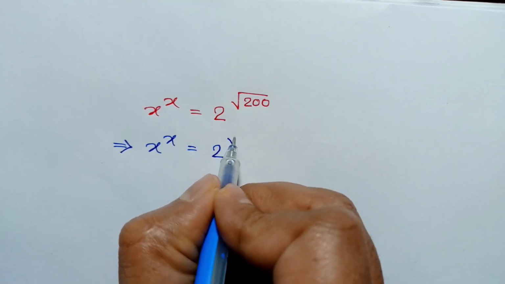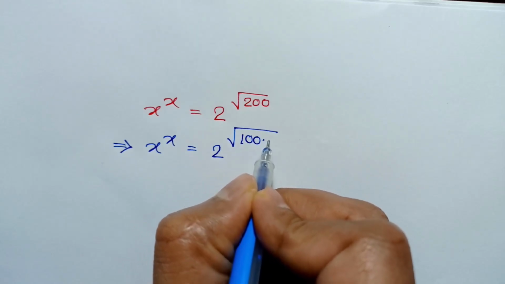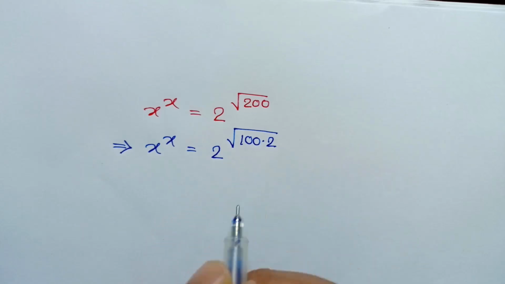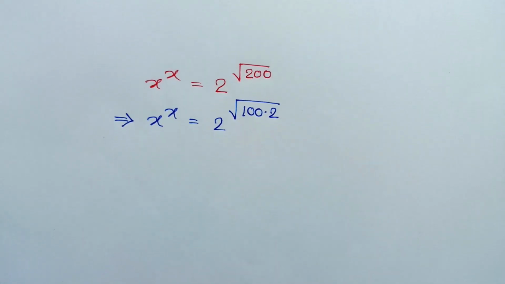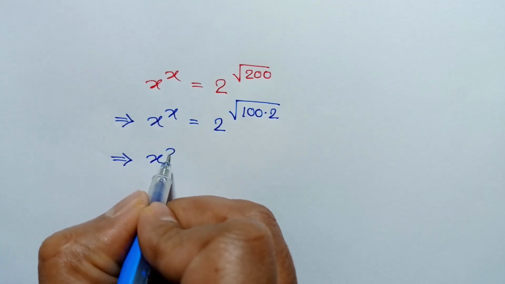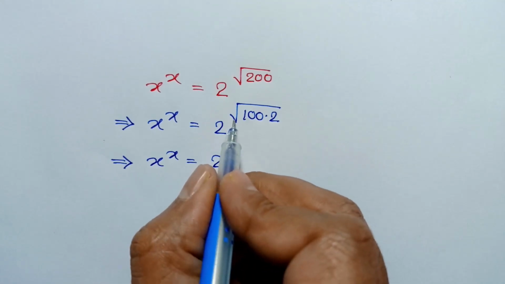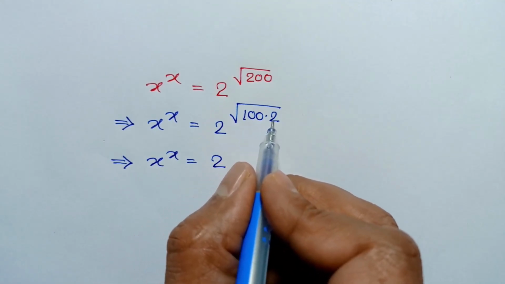This can be written as square root of 100 times 2. This is 200, or x to the power x is equal to 2 to the power square root of 100 times 2.